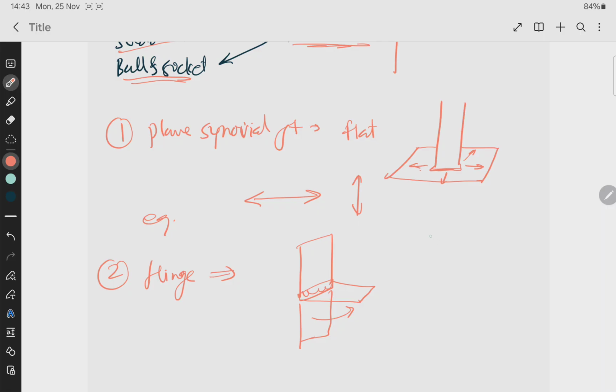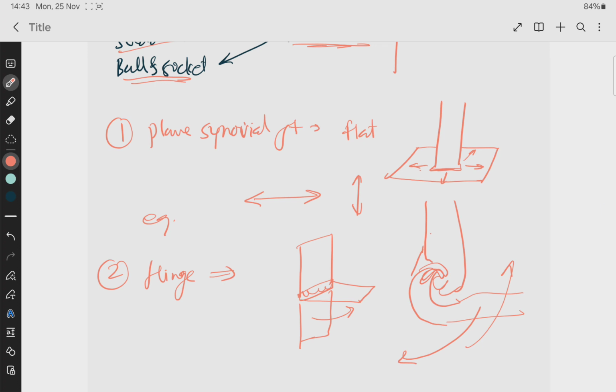It is the same as the elbow joint. Here this is the ulna, and this is the lower end of the humerus. In it this ulna fits, and it goes this way and this way. So only one type of movement is possible, which is called the hinge type of variety.